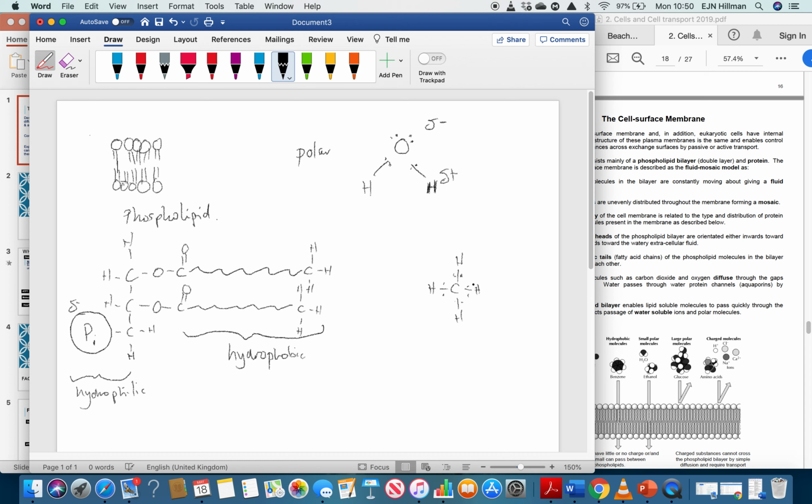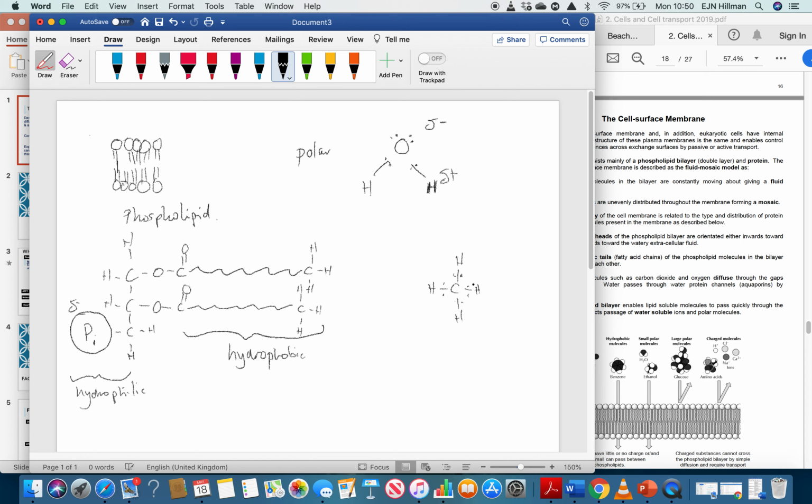So a typical question might be to explain the appearance of the membrane, something like that, and you would say that the hydrophobic fatty acid tails face each other, hydrophilic phosphate heads face outwards, and it forms a bilayer, something like that.